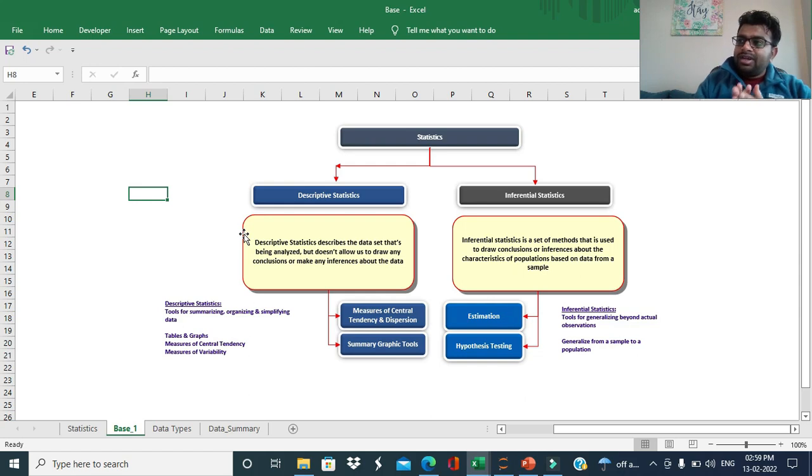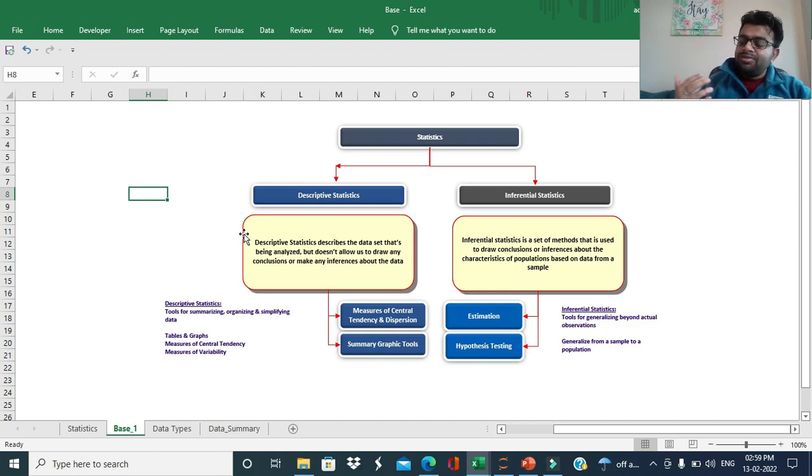We can further divide descriptive statistics into two parts. One is where we analyze the central tendencies, which come as mean, median, mode, and standard deviation, etc., which is again part of the measure of dispersion. And then the second component of statistics is inferential statistics, where apart from making the description, we also make certain conclusions.